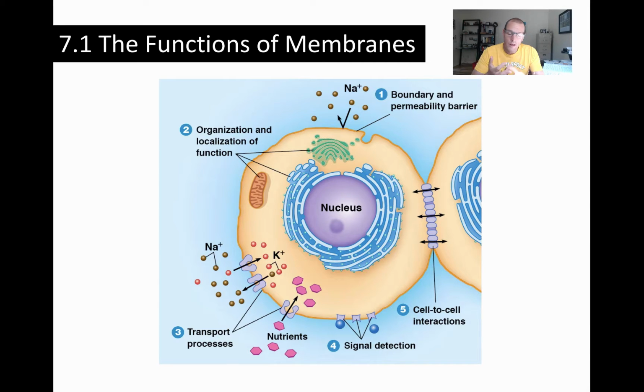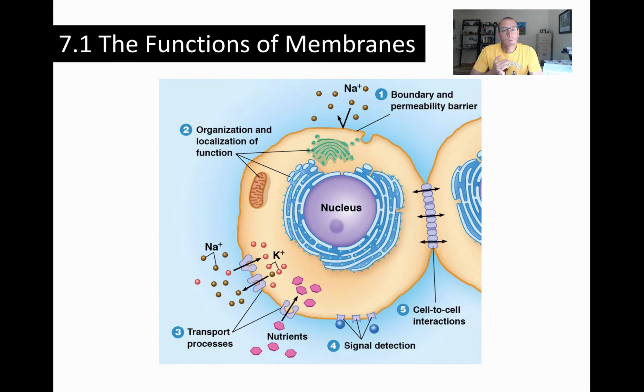For example, the electron transport chain is housed in the inner mitochondrial membrane. The bacterial cell membrane is where you find the electron transport chain in bacteria. So there are many processes which are arranged into membranes, and in many cases this increases the efficiency of that biological process.